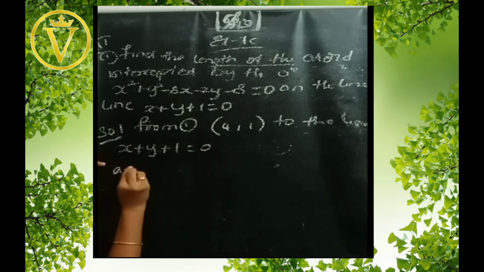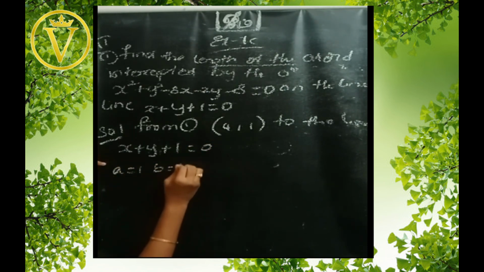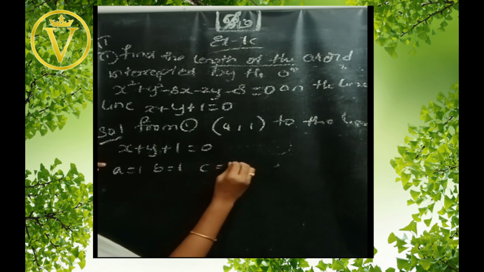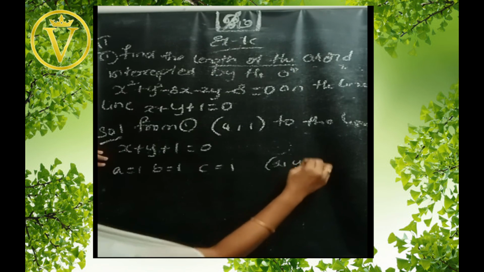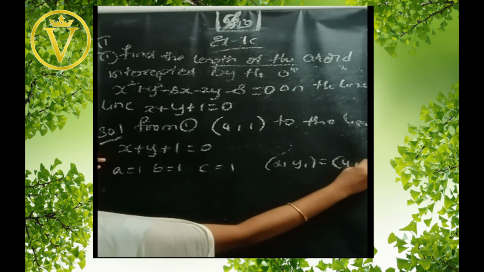Here a is 1, b is 1, c is 1, and x1 comma y1 is 4 comma 1.